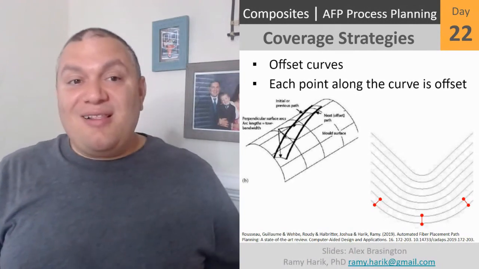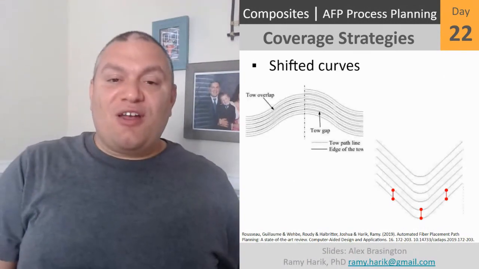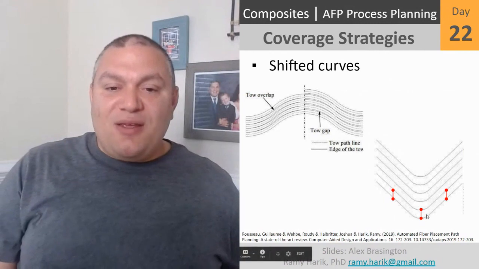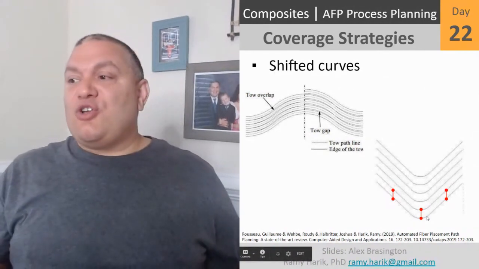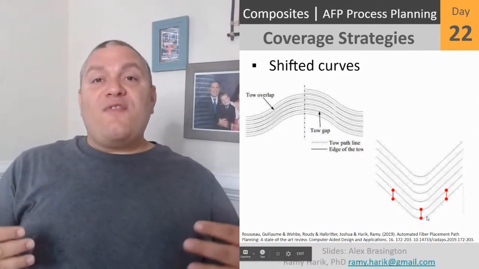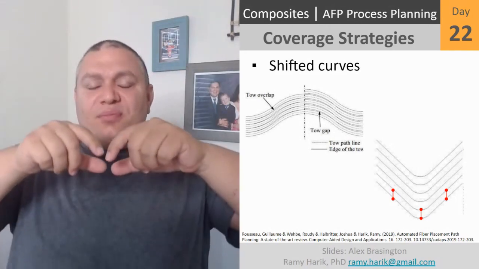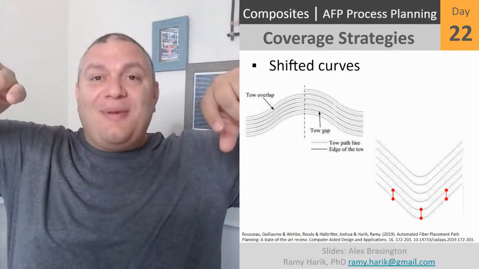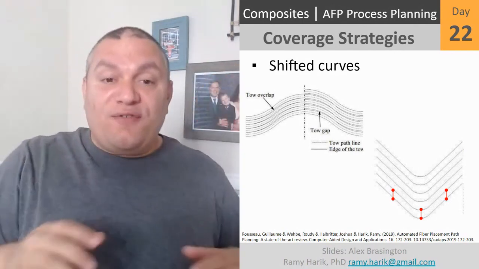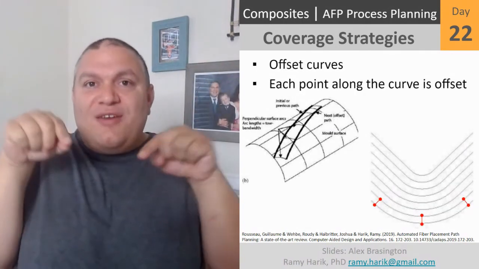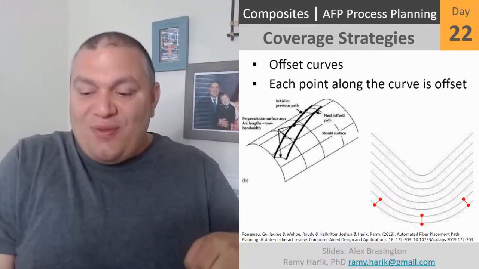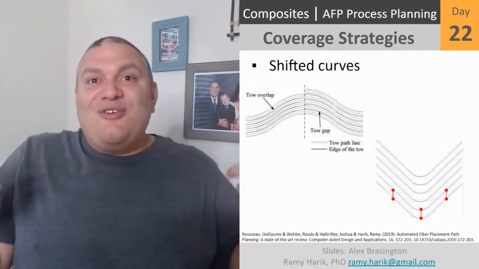Now, the other alternative would be to shift the curve. So as you can see from here, along the orientation, all we do is we take the curve and we shift it. But what will happen is when you do that, you're not going to have a complete adherence. So the offset curve, you're making sure every point where it ends, there is another tow. For this one, you're not making sure of that.